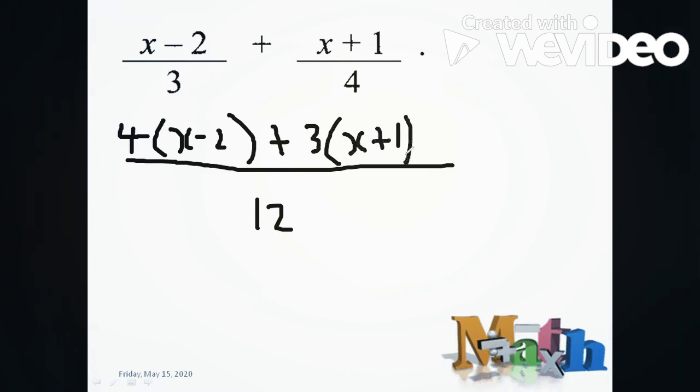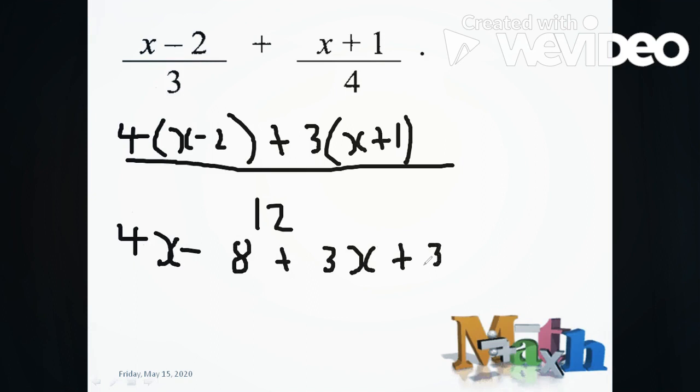Then we're just going to use the distributive law. So that's going to give us 4 times x, 4x. 4 times 2, 8. 3 times x, 3x. 3 ones, 3. And everything is all over 12.